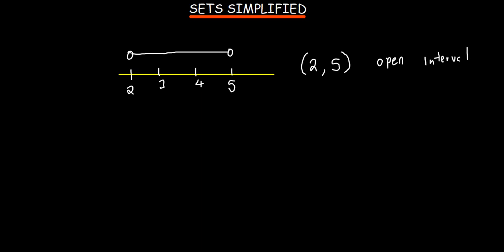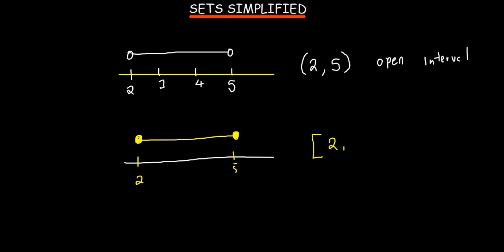You can have another set, and you have the same one from 2 up to 5. But look at the difference. Here I have shaded, and I've also shaded here. So this set, the way you write it is, you look at the type of brackets I'm using.